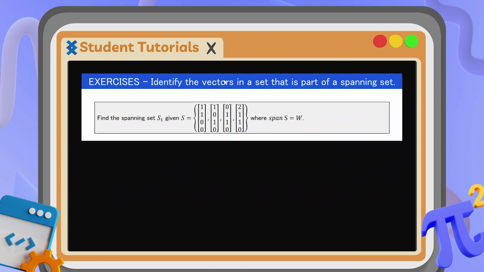For the next item, we want to identify the vectors in a set that is part of a spanning set. So in this item, we're looking for a smaller set, since if we're making it smaller, that means there's probably a vector that's making this entire set linearly dependent. So let's first create the augmented matrix.